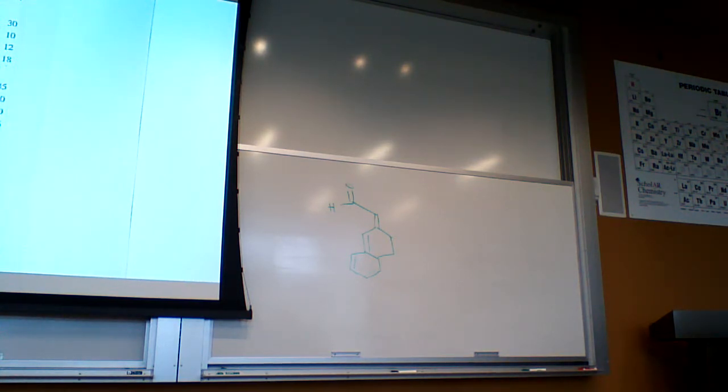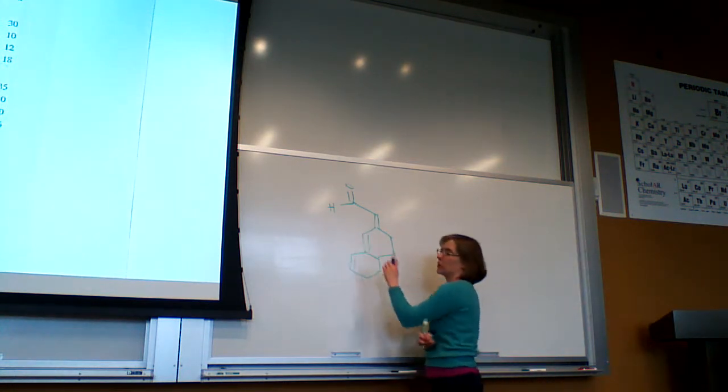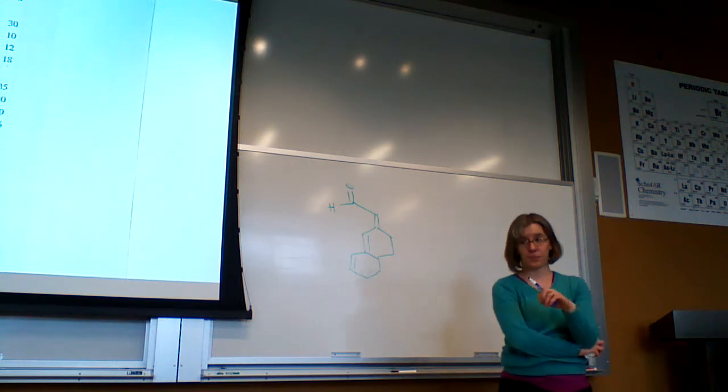So which one should we start with? What should our parent value be? So it would be 220. We're debating whether it should be 220 or 230, as to whether we count this one as beta substituted. Is this in the conjugation?